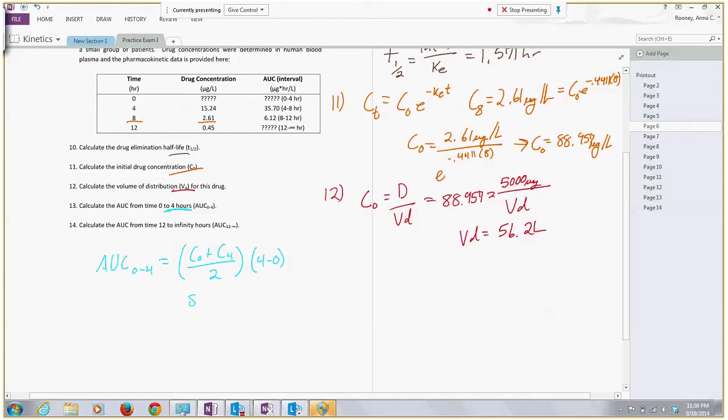So this is 88.95 plus that nice 15.24 over 2 times 4. When you plug that into your calculator, you should get 208.38 micrograms times hour over liter.